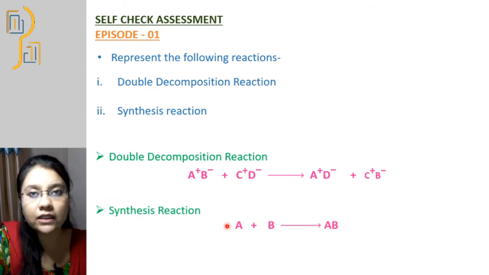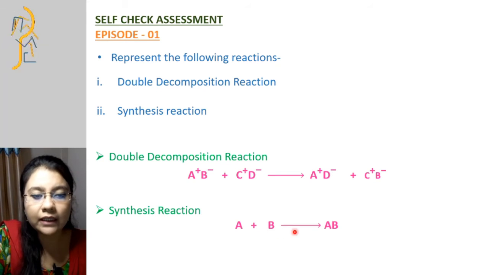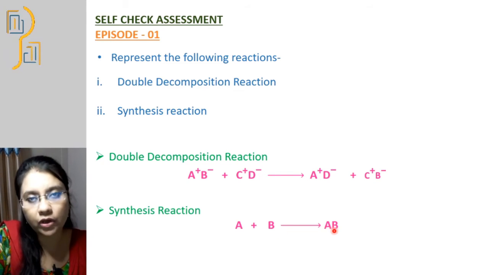Next is synthesis reaction, which is also called direct combination reaction. It is represented by A plus B gives AB. That means when 2 elements or 2 compounds combine, they form a single product.